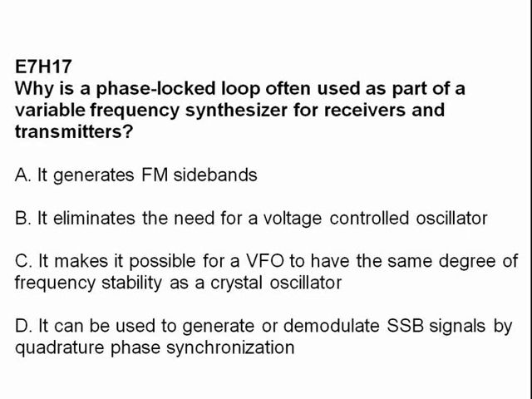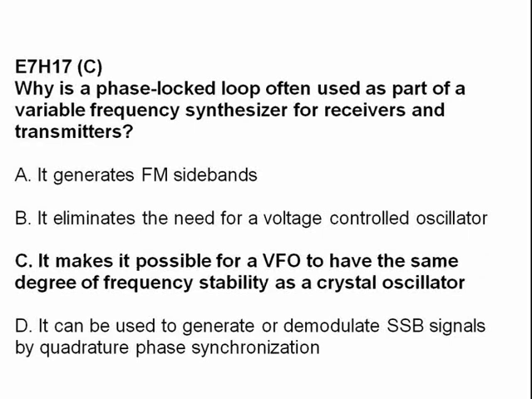Or D, it can be used to generate or demodulate SSB signals by quadrature phase synchronization. The answer is C, it makes it possible for a VFO to have the same degree of frequency stability as a crystal oscillator.